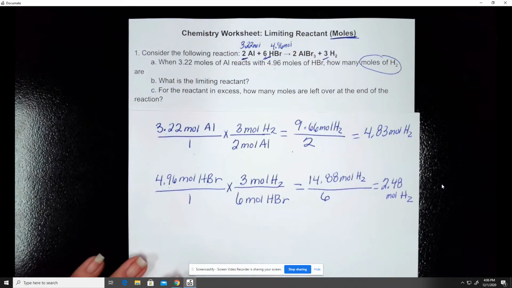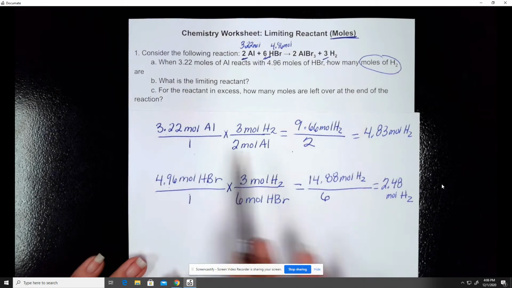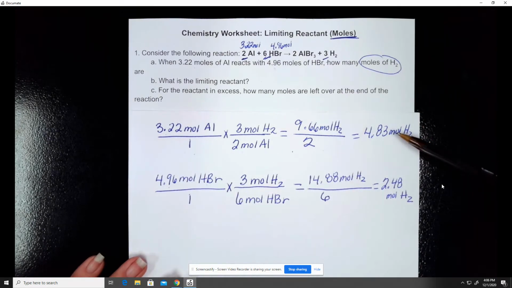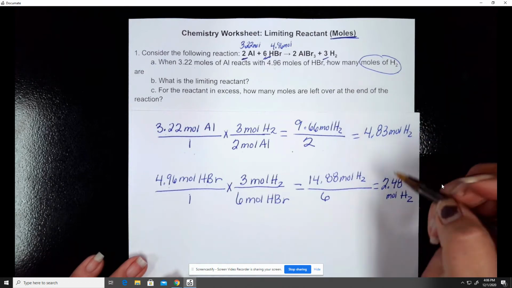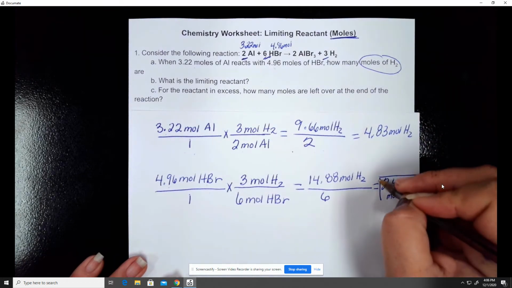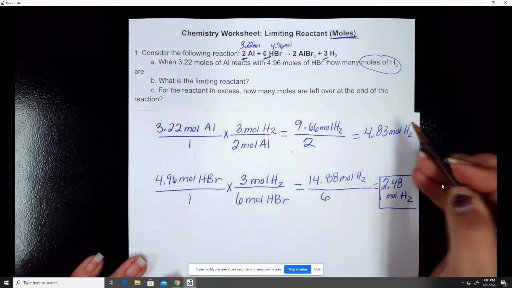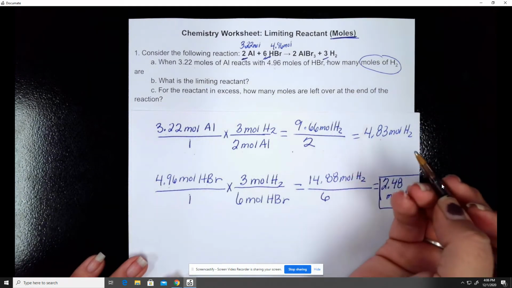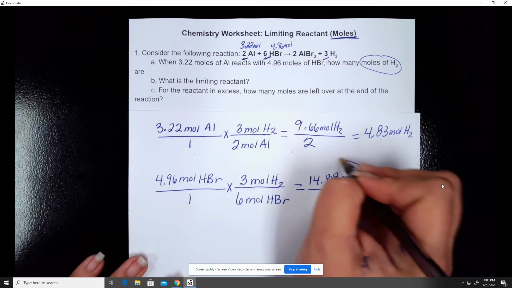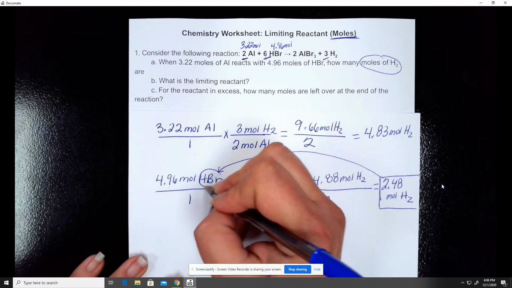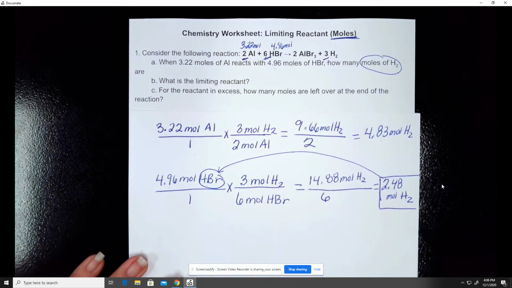All right, so we calculated how much we could make. And remember from our Edpuzzle, this is the point where when we look at these numbers, we always go with the smaller amount. So this is actually how much hydrogen I can make because 2.48 is smaller than 4.83. And then we're going to go back and look to see what we started with that allowed us to only make that much.